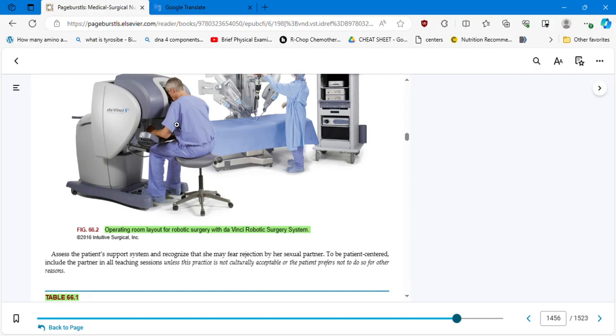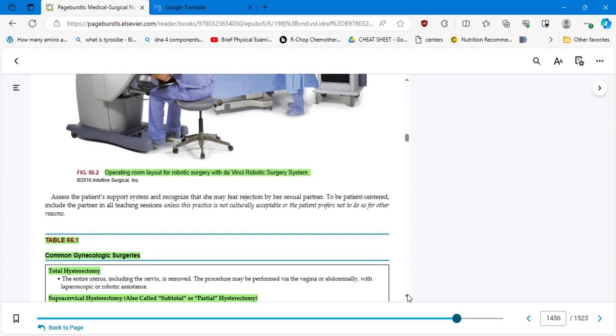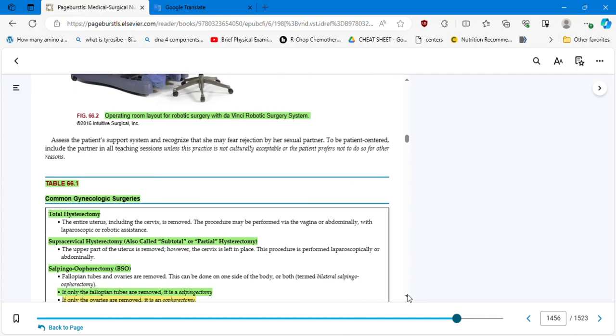You see, the doctor is basically operating through a screen that he's watching, and his hands are inserted in. They are holding some tools that are manually and robotically performing. So he's guiding the robot, basically.